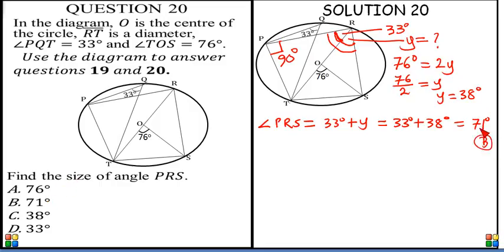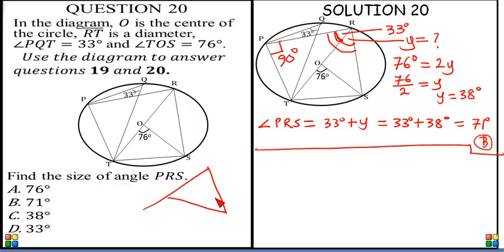Okay, that's just one way of doing it. I told us we can get Y by another method. Now let's see another way of getting Y. If you bring out triangle ROS, something like this, ROS, the angle here is 76 degrees, and we can get this one.